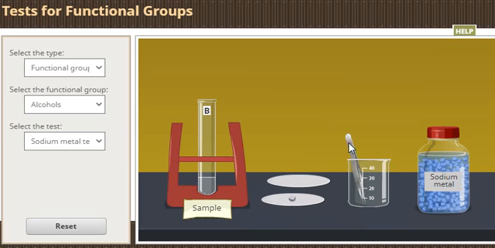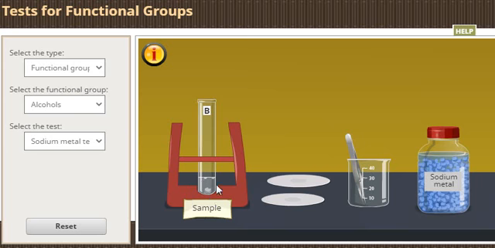Now again take the forceps, take this metal, and keep it inside the test tube. Now see what happened.